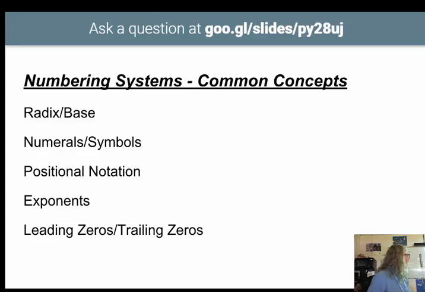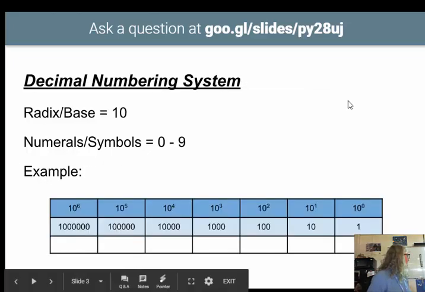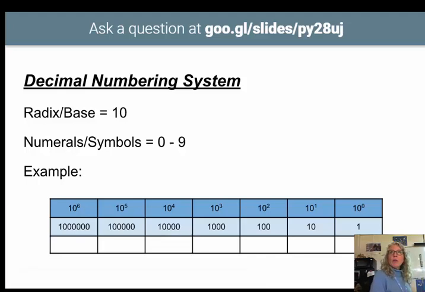So, let's look at decimal. In the decimal system, I already told you that the radix is 10. The numerals are 0 through 9. And here is an example of our positional notation and exponents. Based on the position of the numeral in a decimal number, the value is going to be multiplied by whatever that position value is.